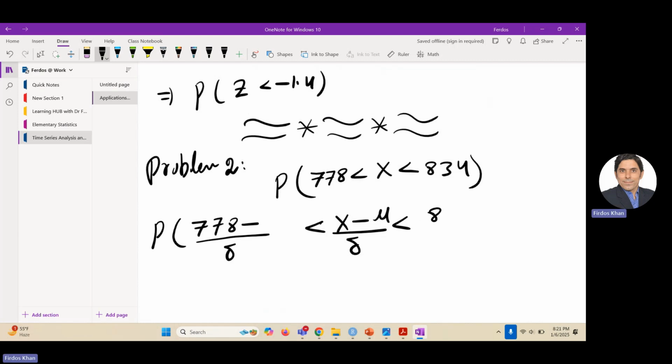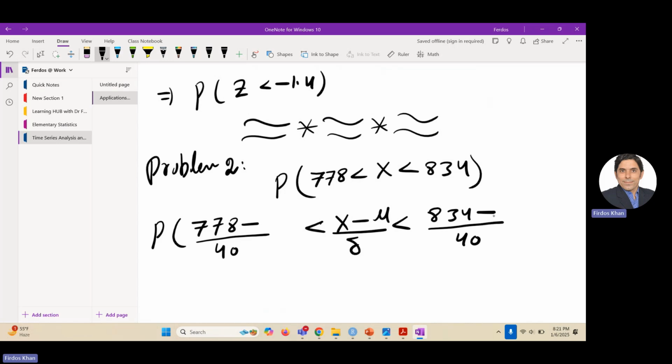Similarly here, this is the value of the random variable minus the mean, divided by the standard deviation. Now I need the values. Remember the standard deviation is 40.